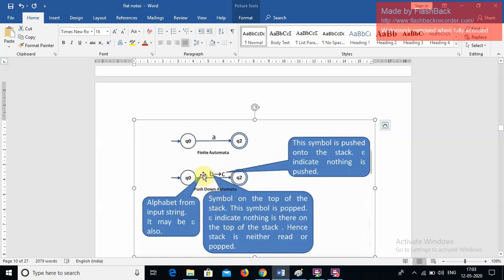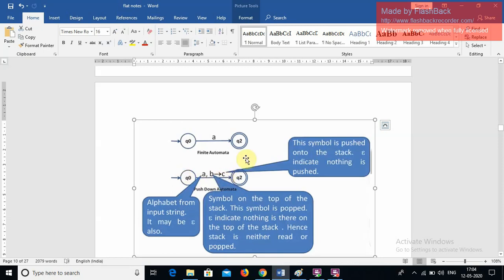Here a is nothing but an alphabet from the input string. It may also be epsilon. Next, b is a variable from the stack. The top variable of the stack is represented here, and the arrow we can define. c is the new stack variable that can be pushed into the stack.